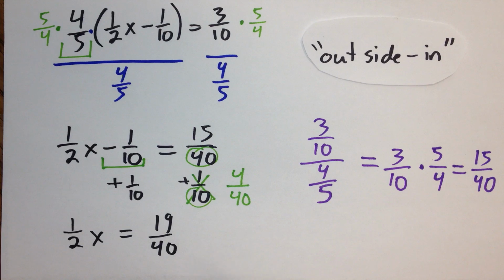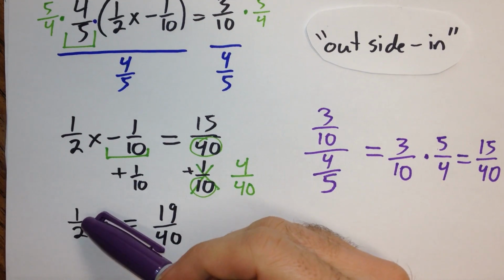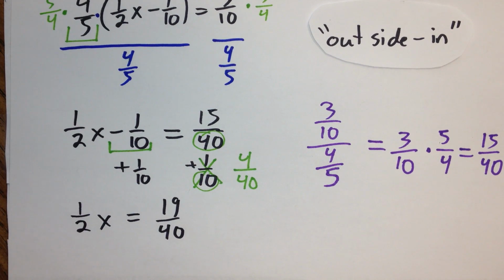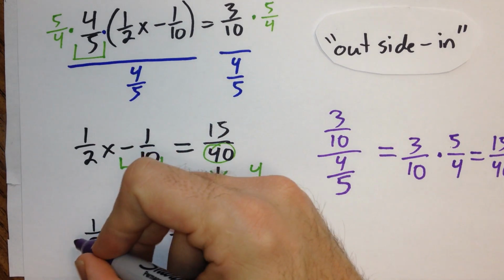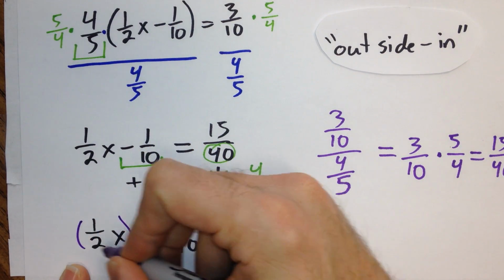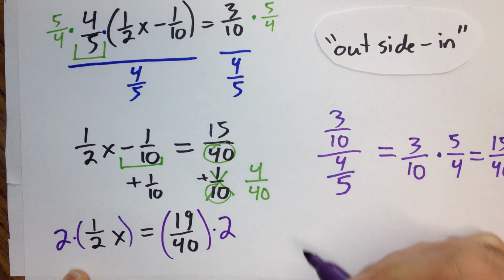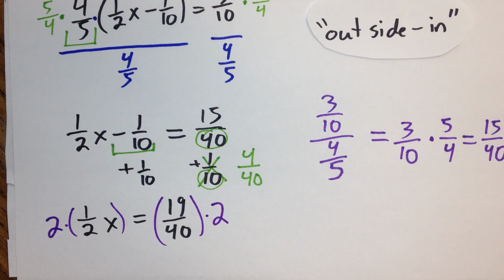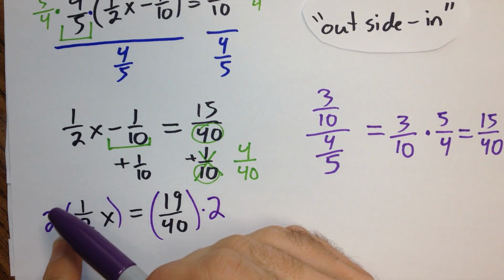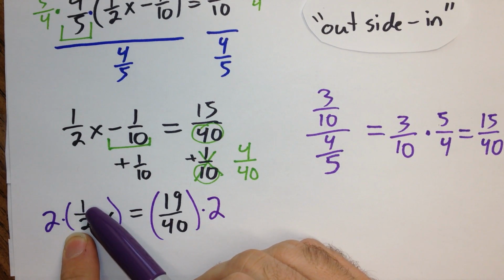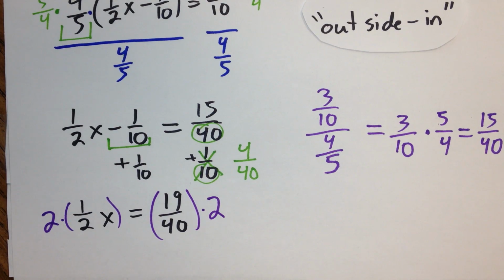Okay, we're almost done. So we're at this point where we have 1/2 x. We have a choice. We can either divide by a half or multiply by 2. What if I choose to multiply by 2 instead? Multiplying by 2 and multiplying by a half are inverse operations of each other.